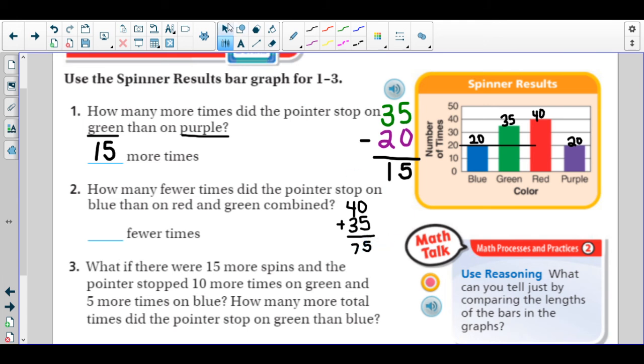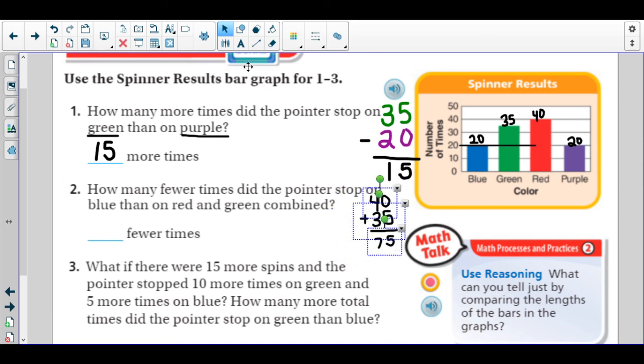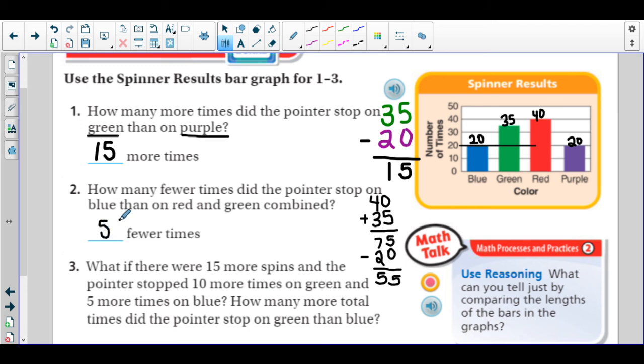Now, we need to find the difference, then blue. All right. So blue has 20. We'll go ahead and subtract to get 55. 55 fewer times.